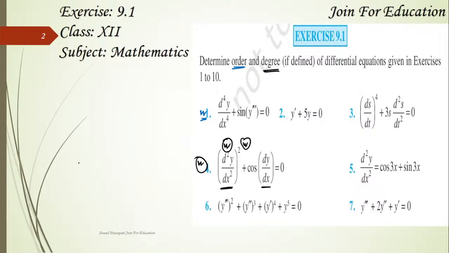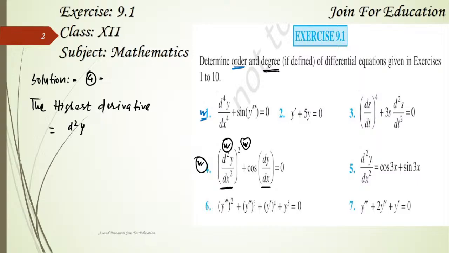So let's see the solution of question number 4. The highest derivative is d square y by dx square. Therefore, order here will be 2.